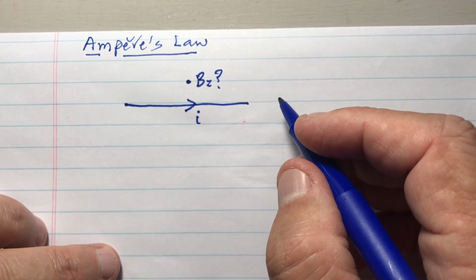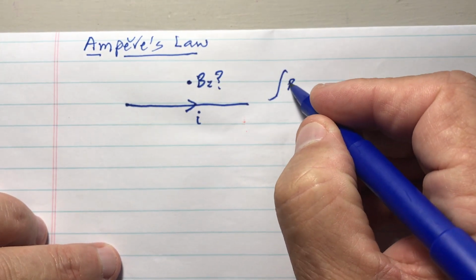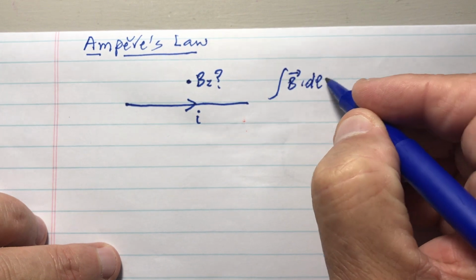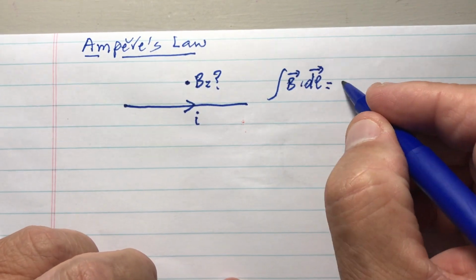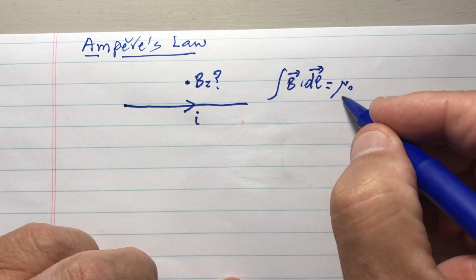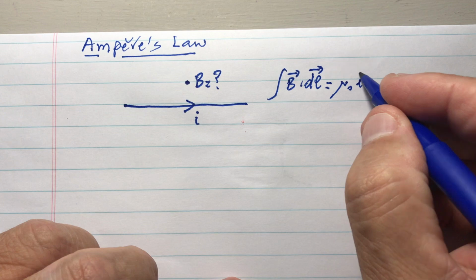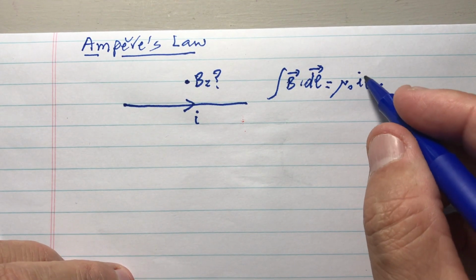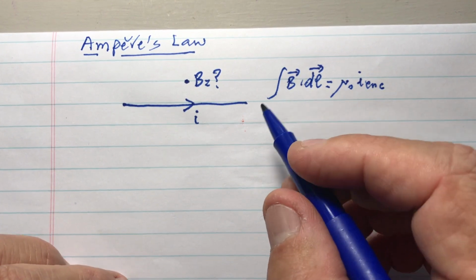Ampere's law says that the integral of the B field dot the distance, a certain distance, is equal to mu zero, the permeability of free space, times I enclosed. This current here is enclosed by this Amperian loop, which I'm going to show you.